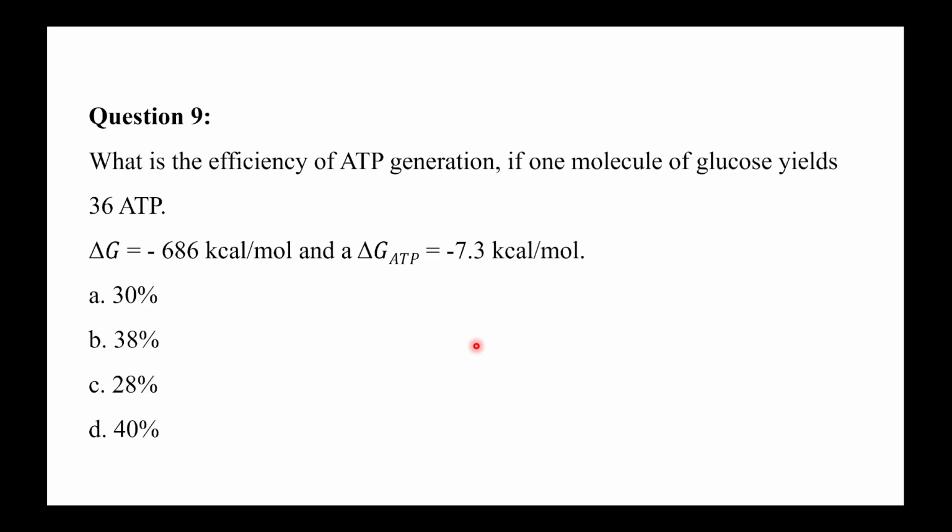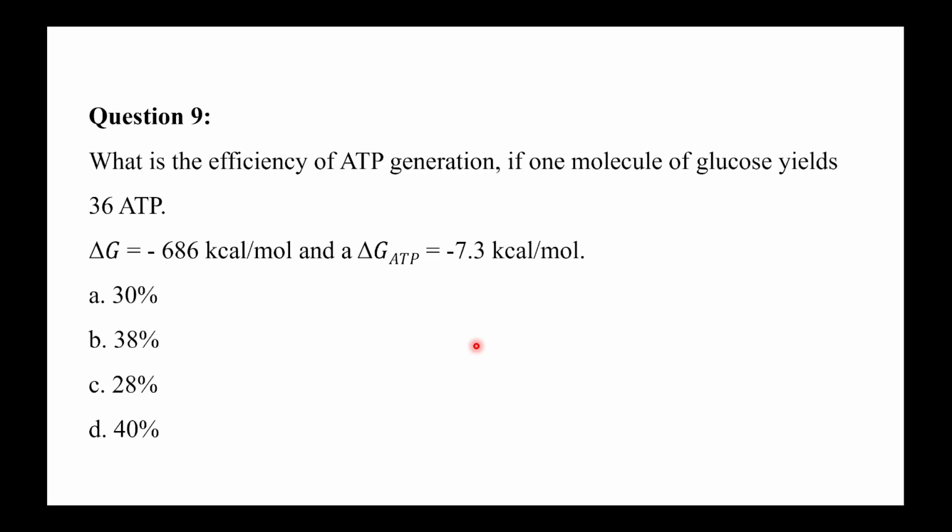So from one molecule of glucose, we are getting how many ATPs? 36 ATPs. Okay. And the delta G for one ATP molecule is given as minus 7.3 kilocalorie per mole. So how many kilocalories per mole of glucose will be there in total? So for 1 ATP, it is 7.3.